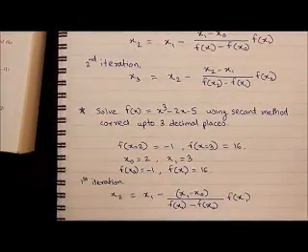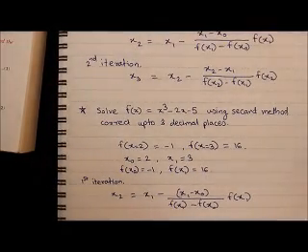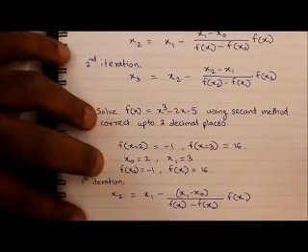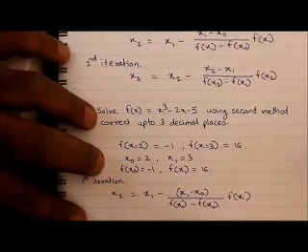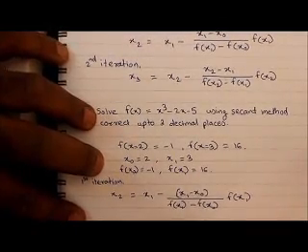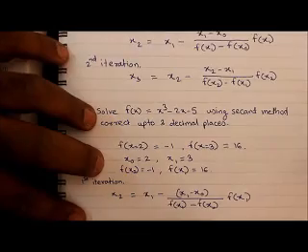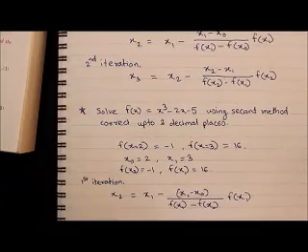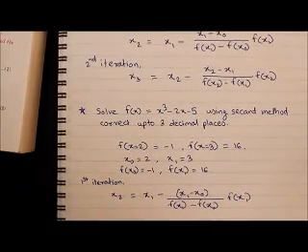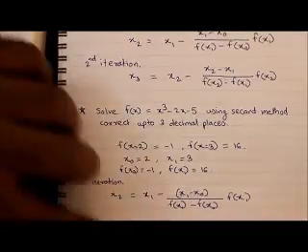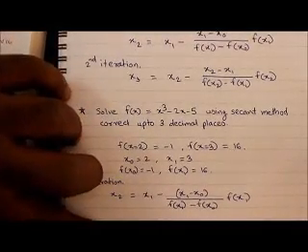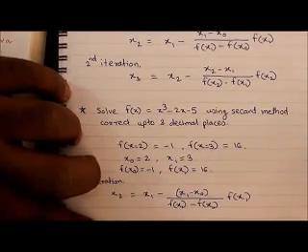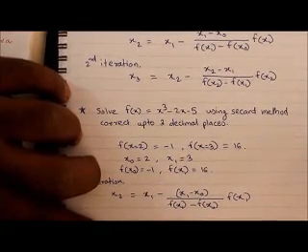So this is nothing but 3 minus 2 is 1 into 16, so 3 minus 16 upon 17, which is nothing but 2.0588235.